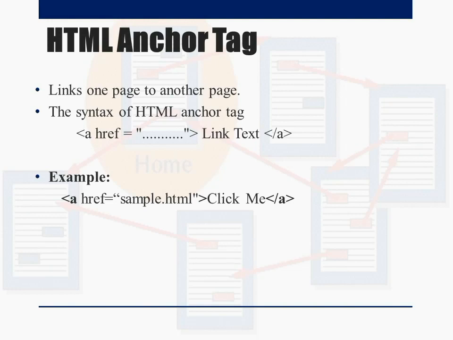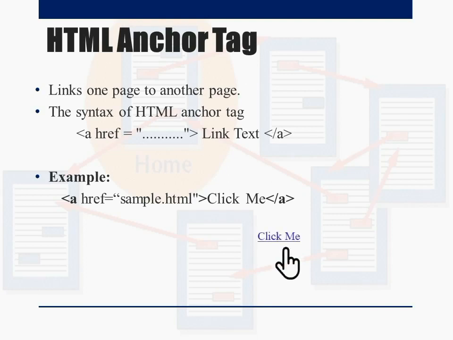Next is the anchor tag. In an HTML document, we can create hyperlinks to other documents or images with the help of the anchor tag. The anchor tag is denoted by the letter a and the attribute href specifies the hyperreference. Let us see an example.